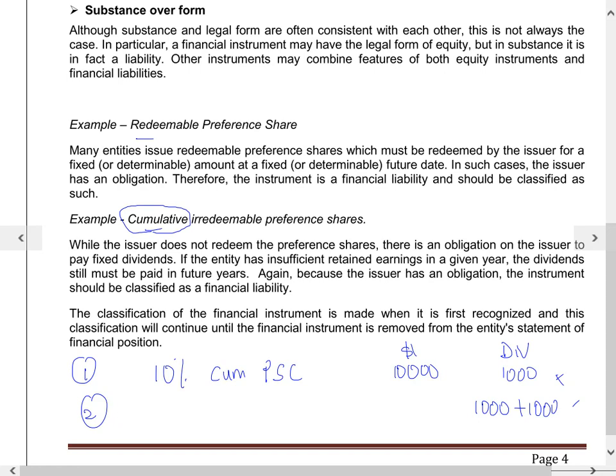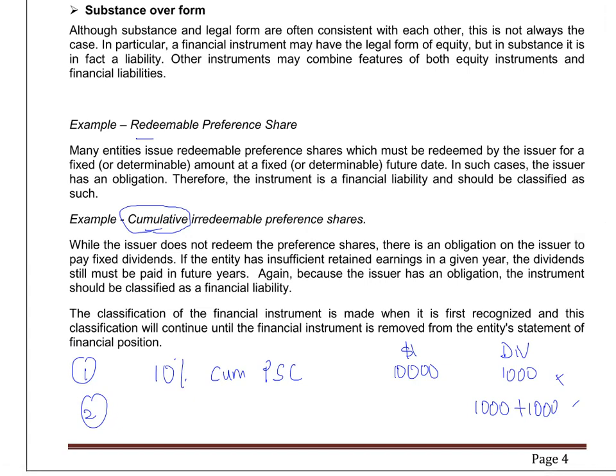Now, if you take a loan, this month you got no money to pay interest, let's say 1,000. Next month you got money to pay interest. How much must you pay interest? This month no money to pay interest, so I owe the bank 1,000. Next month I have money to pay interest. Do I pay 1,000 or do I pay 2,000? Yeah, I pay 2,000. So our interest is cumulative.